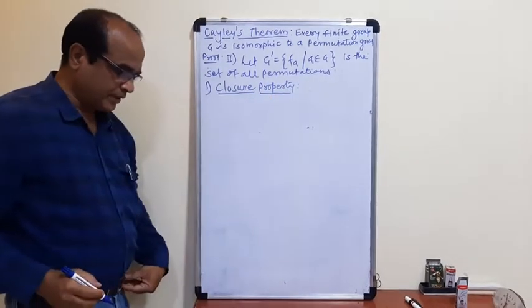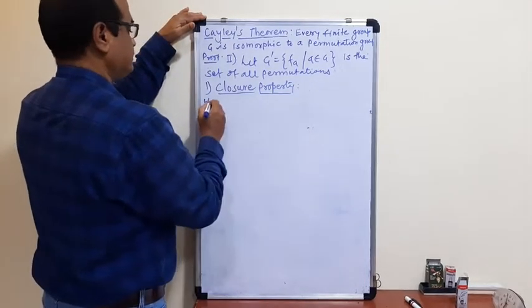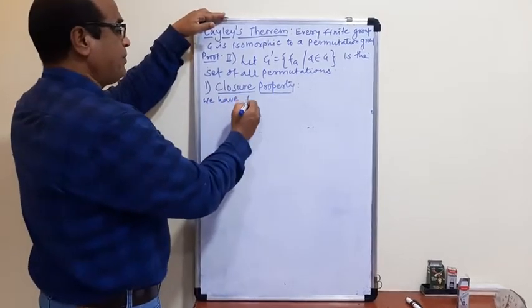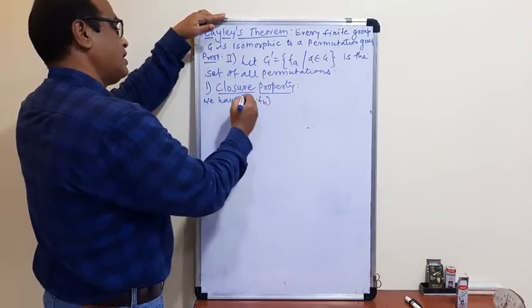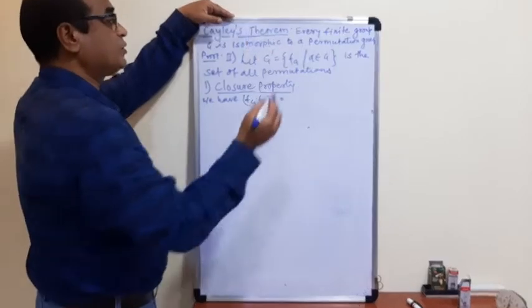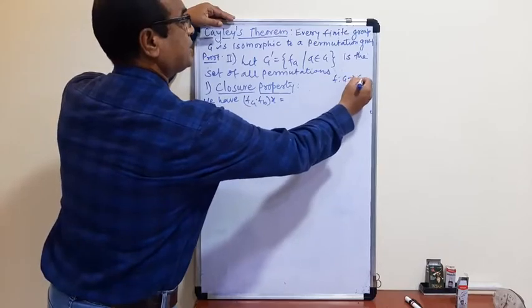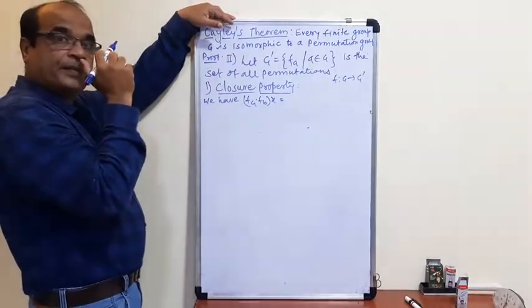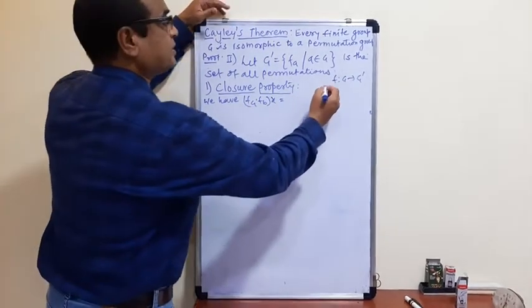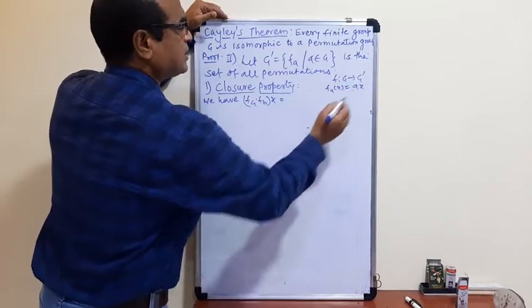What is the closure property? That is, we have f_a · f_b (x) equal to f_a(f_b(x)). So we define the function f from G to G dash. What is the definition? f is a function from G to G dash, defined like this: f_a(x) is equal to ax.